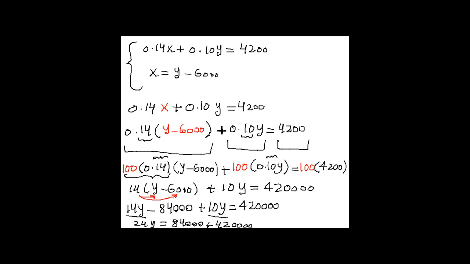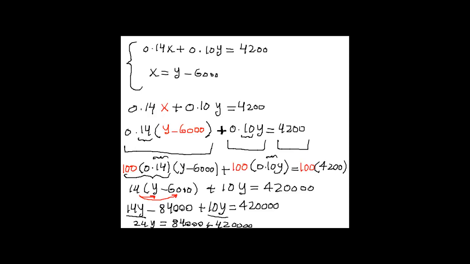I probably need to move on to the next page. Let's continue here. 24y is equal to 126,000.